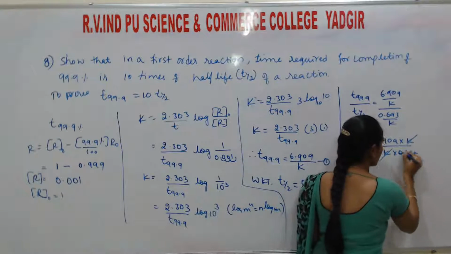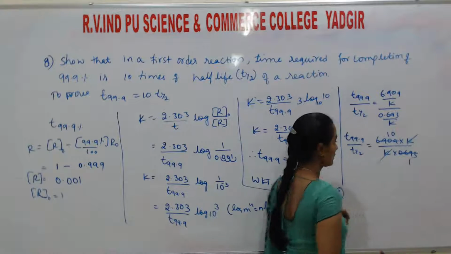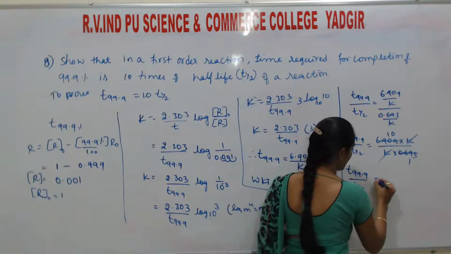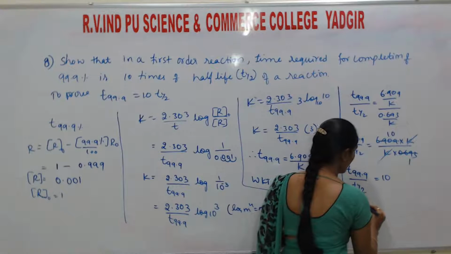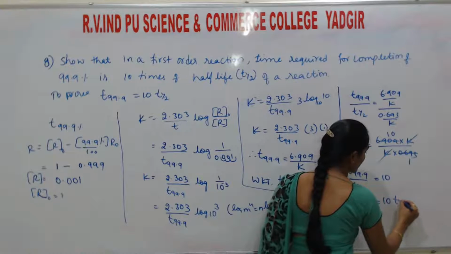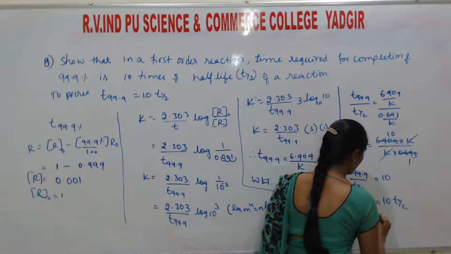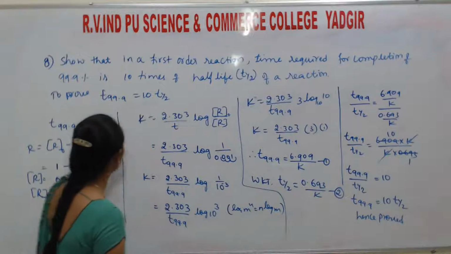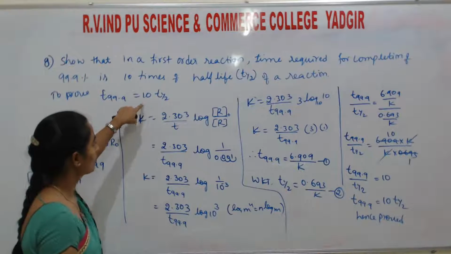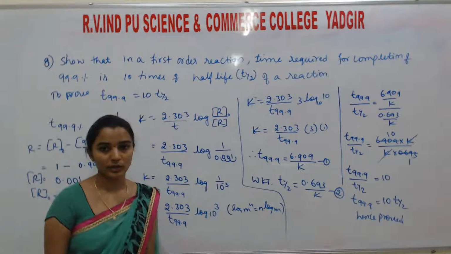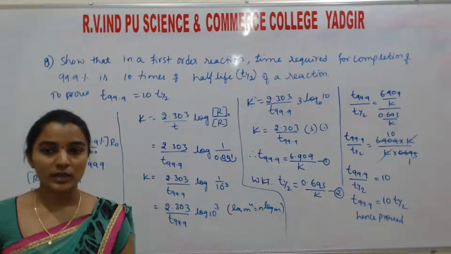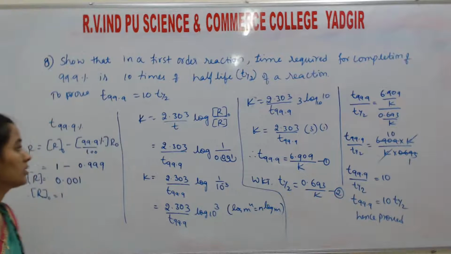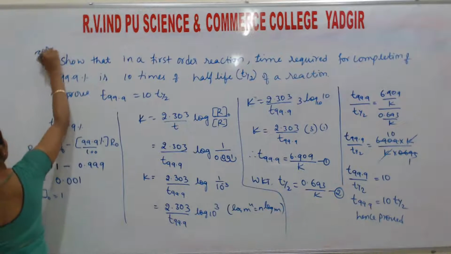Then this is 1, this is 10. Okay, so T 99.9 by T half is equal to 10 times. Therefore, T 99.9 is equal to 10 times of T half, hence proved. We have to prove T 99.9 is equal to 10 times of T half, and we proved that. Understand? This is one technique. This is important for 3 marks.